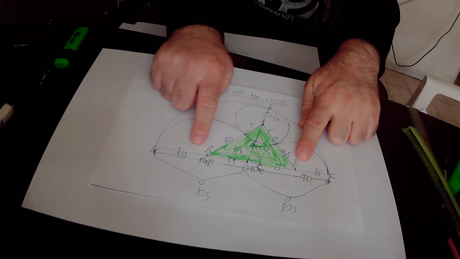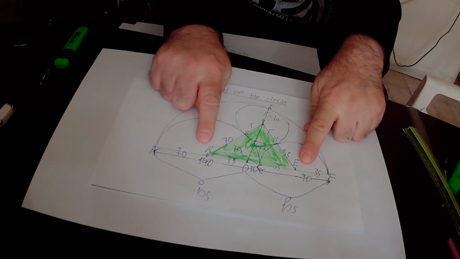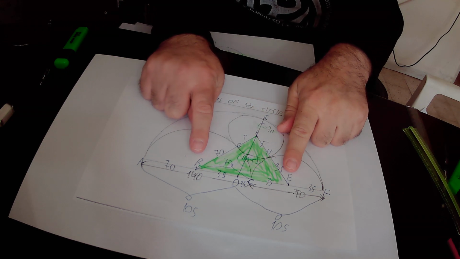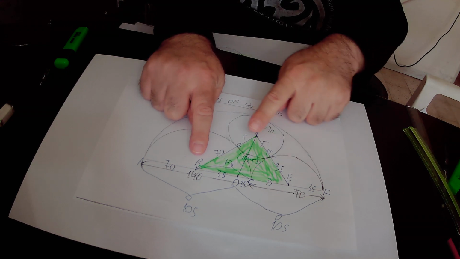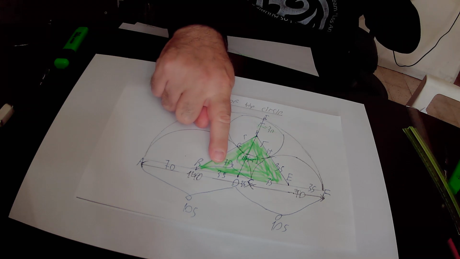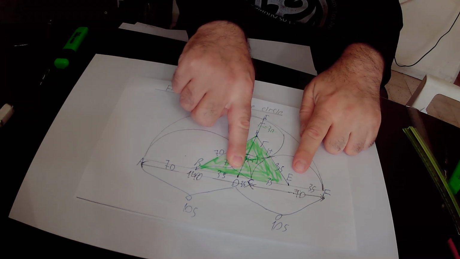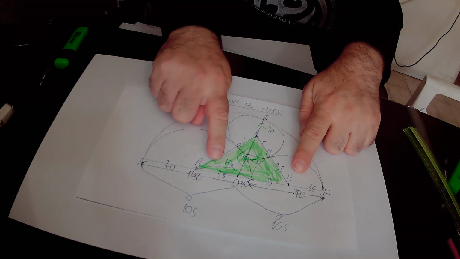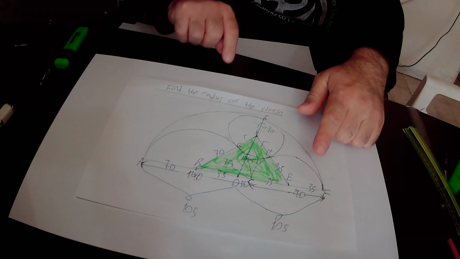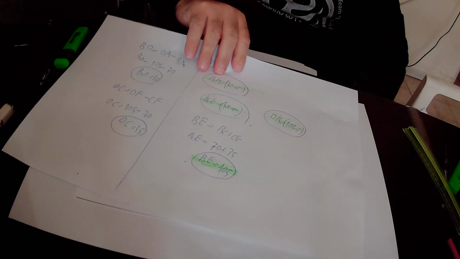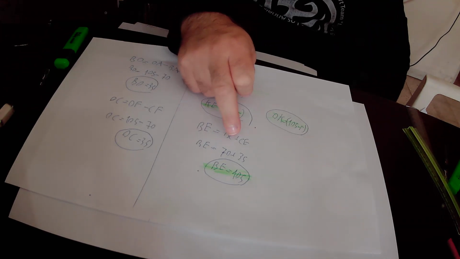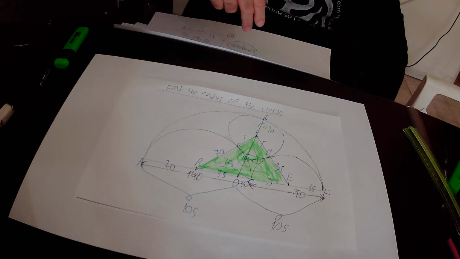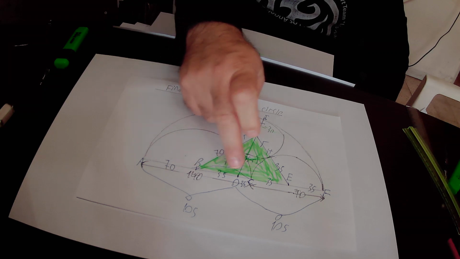From the drawing, it is very easy to see that BE equals BO plus OE. BO equals 35 and OE equals 35 plus 35. That is to say, BE equals 35 plus 70. So BE equals 105 units.